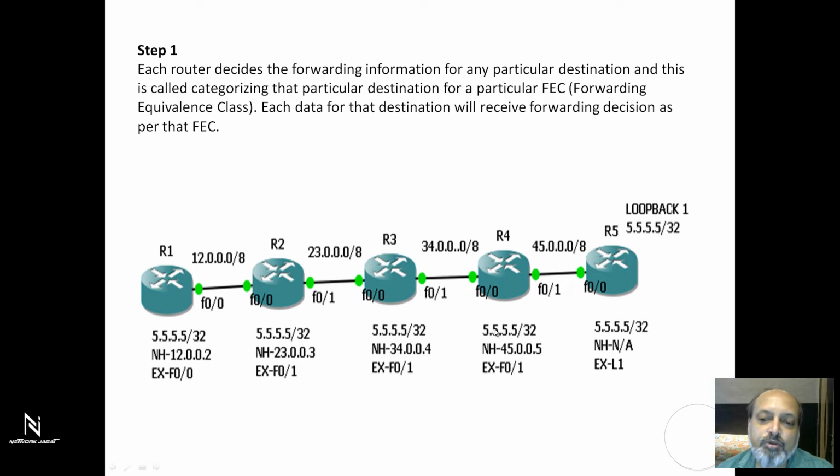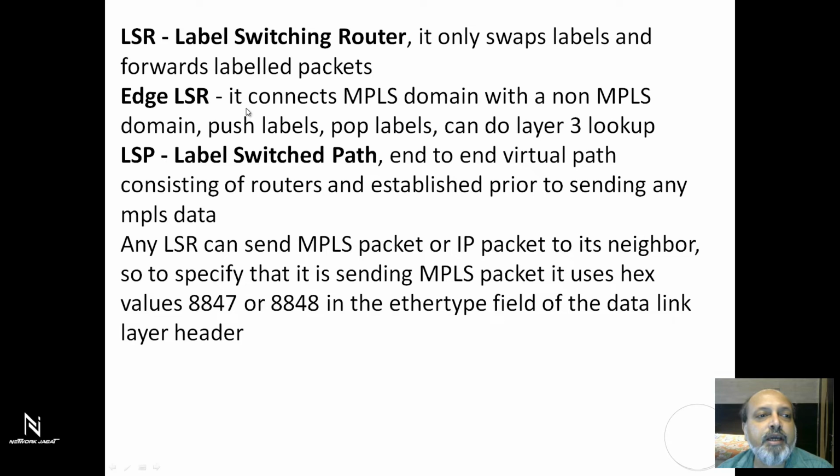Now I move into the other definitions. In an MPLS domain, we should know these: LSR or label switching router, also called label switched router, then edge LSR, then LSP or label switched path. What are the definitions? LSR, the label switching router, only swaps labels and forwards labeled packets.